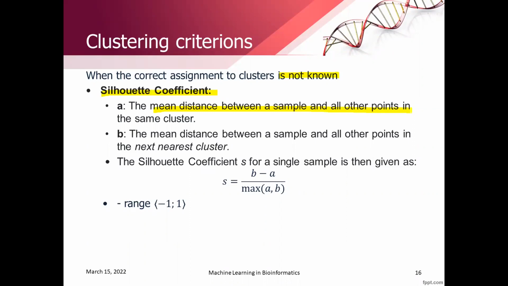Similarly, boldface B is the mean distance between the sample and all the samples which are assigned to the next closest cluster. So, for example, if the sample is here and this is the closest other cluster, we compute the mean of distances between the observation and all samples in the next different cluster.